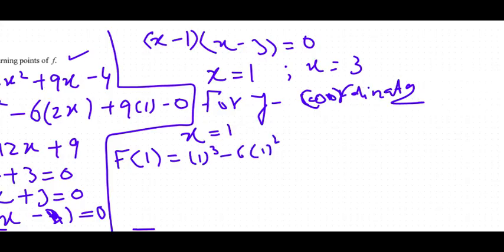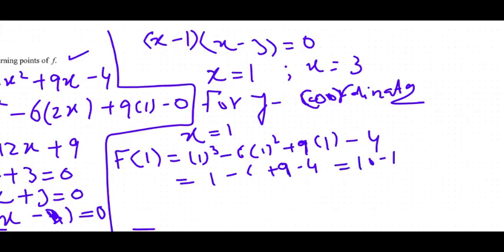So 1 minus 6 plus 9, that is 10, minus 4 plus... so we get 10 minus 10 and we get 0. So the first coordinate: when x equals 1, the y coordinate is 0.